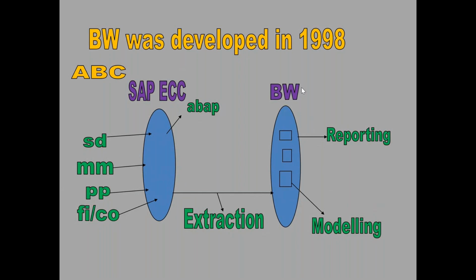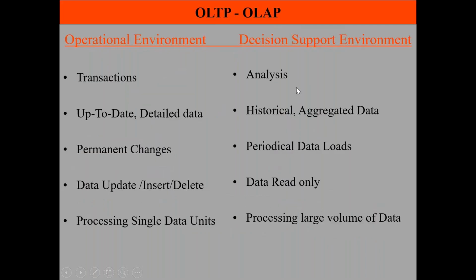What is OLAP? Generally, the ECC system is what we call an OLTP system, online transactional processing, and the BW system is what we call an OLAP system, online analytical processing.